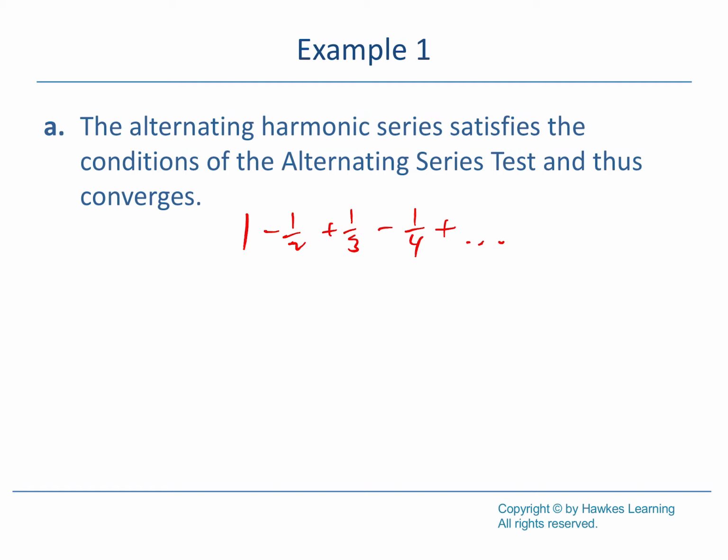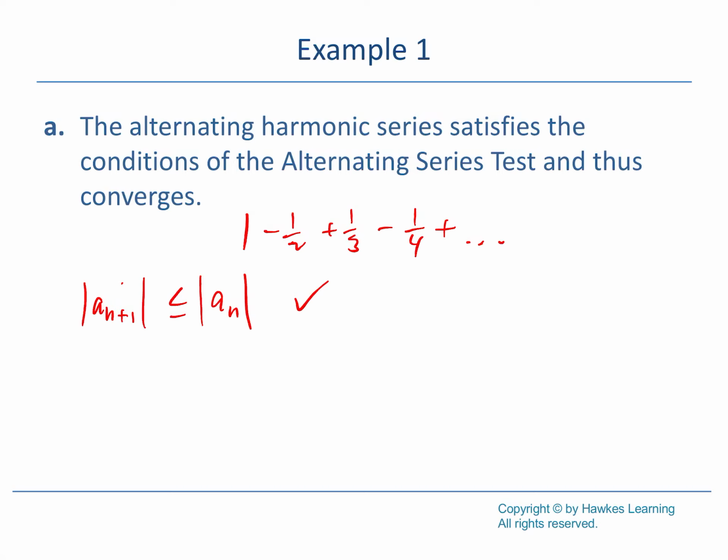If we look at the absolute values of the terms, are they decreasing over time? Yes, we do check that box, because 1 is greater than 1/2, which is greater than 1/3, which is greater than 1/4. That box is totally checked. So we are monotonically decreasing in terms of the sequence terms.